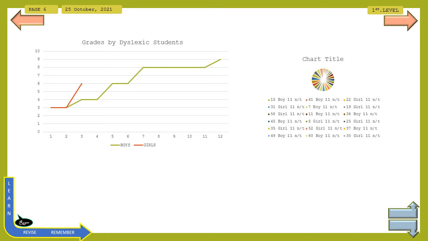And here is the same data but in a pie chart. And which do you think is the easiest for your reader? I wish to remind you again that this data is rubbish and it bears no resemblance to reality. But you can see if it were true that there are many more boys who are dyslexic than there are girls.